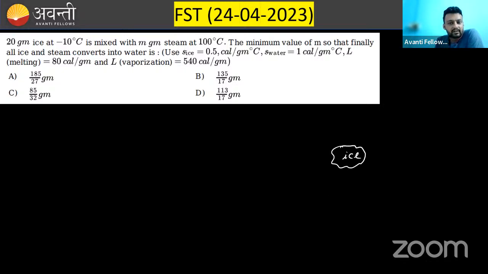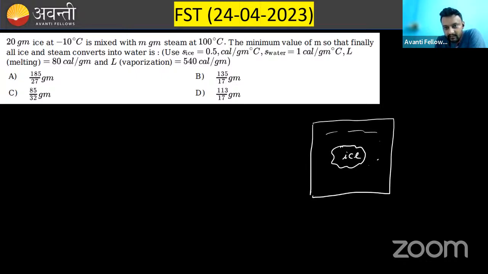It is mixed with m gram of steam. So let's suppose in a container, they both are mixed, and this is steam, which has a mass small m. So now the minimum value of m, so that finally all ice and steam converts into water.